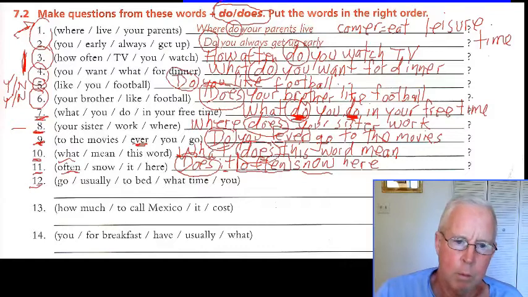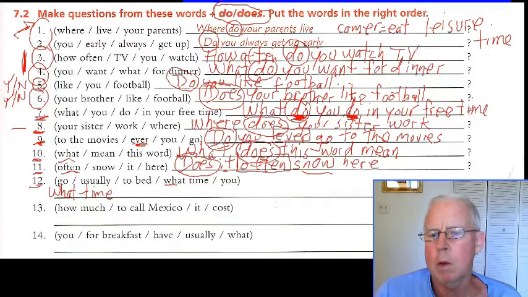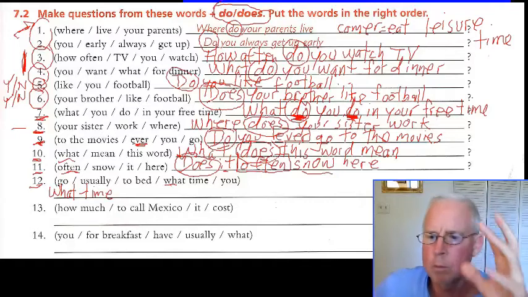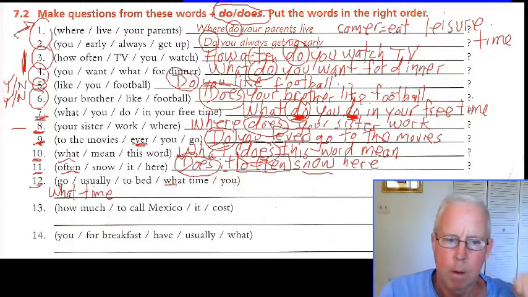Number 12. Number 12 is a WH, so I'll just start right with that. Well, let me read it first. So, go usually to bed. What time you? That's totally mixed up.